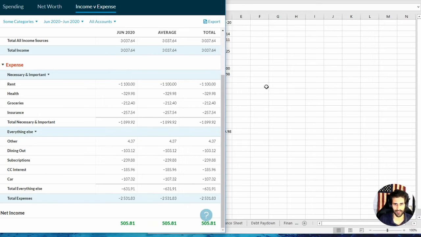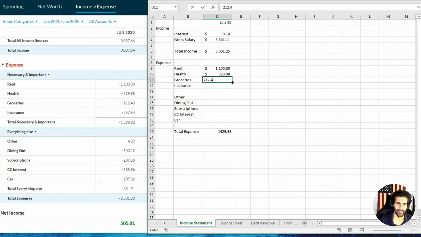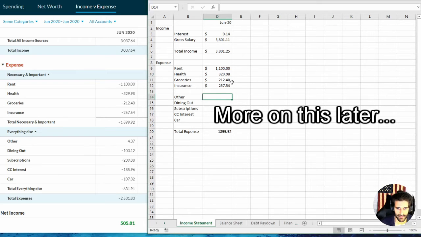This is the hardest part of doing your finances, is copying numbers, moving the pixels from one place to the other. So the other is a positive amount, so on this I need to put it as a negative amount.